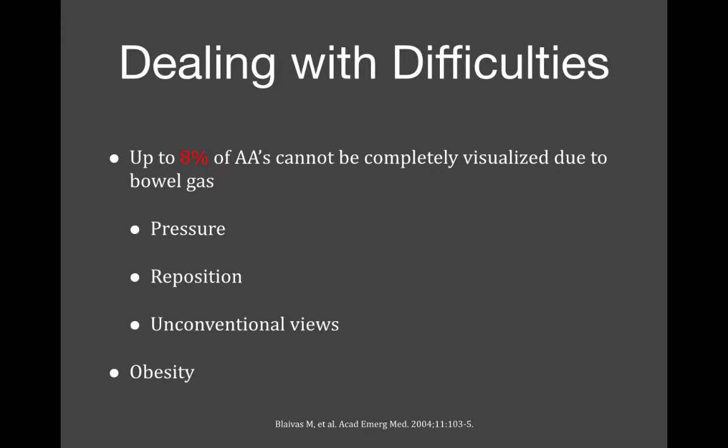So if I'm having a really hard time visualizing the abdominal aorta in the transverse midline abdominal view, one of the things I'll do is come over to the patient's right in a more coronal plane, and you can actually image through the liver in some folks, not everybody, and find the proximal abdominal aorta through that window.